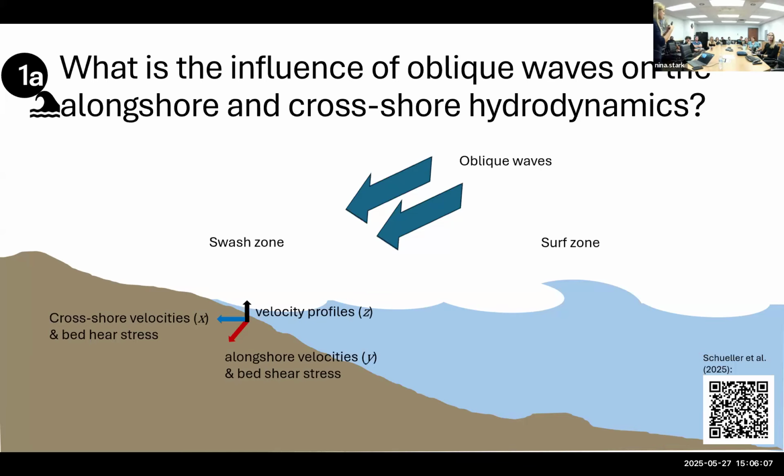On the one hand, the cross-shore velocities, towards the beach, like this. Then the alongshore velocities along the beach, and the vertical velocity component as well. Then we focus on velocities and wall shear stress and, of course, the corresponding water depth.